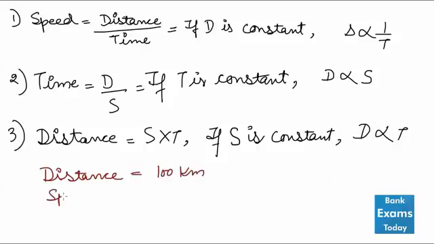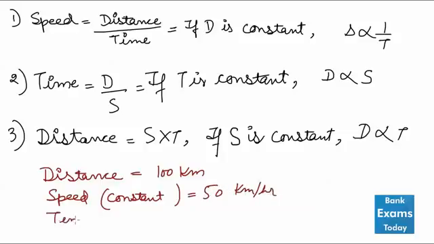The speed is constant, 50 kilometers per hour. And the person takes 2 hours to complete the journey. So that's a simple example. Let's come to the first derivation. If the distance is constant, the speed is inversely proportionate to the time.